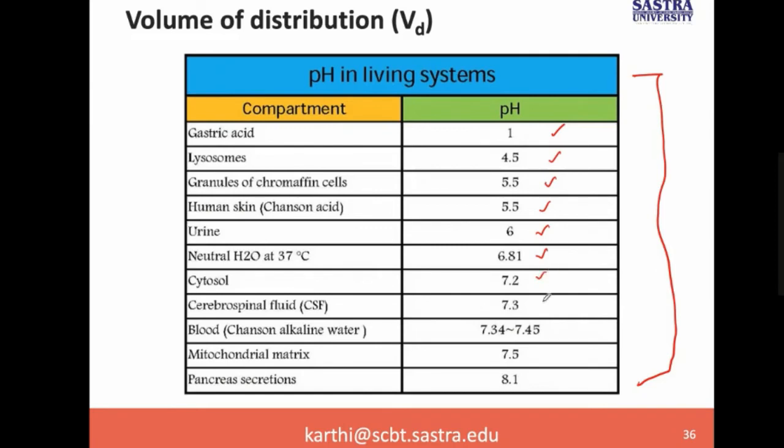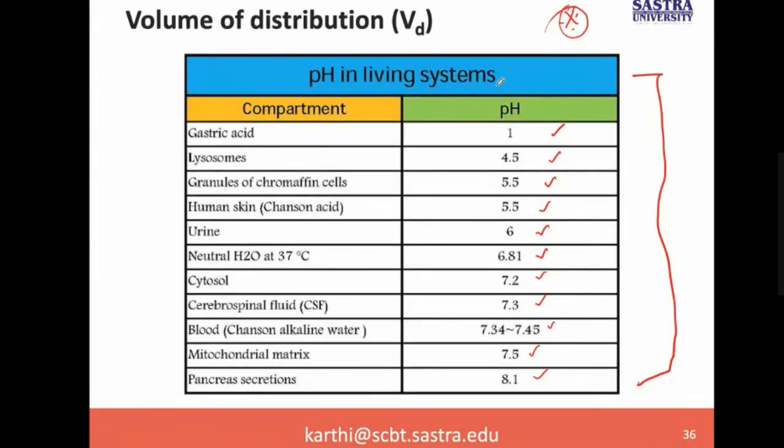Cytosol is 7.2. Cerebrospinal fluid is 7.3. Blood is 7.34 to 7.45. Mitochondrial matrix is 1.5. Pancreatic secretion is 8.1. So I strongly recommend you memorize this. Remember these values for the examination.